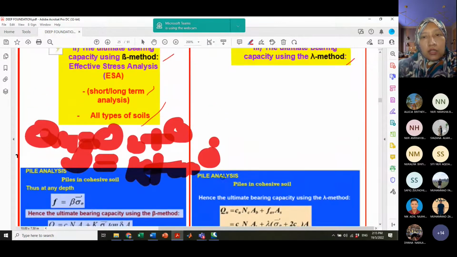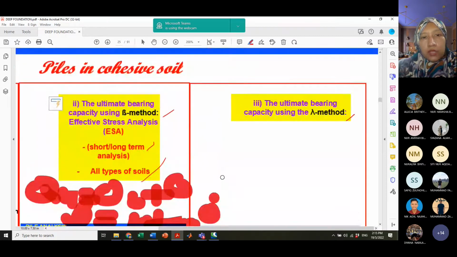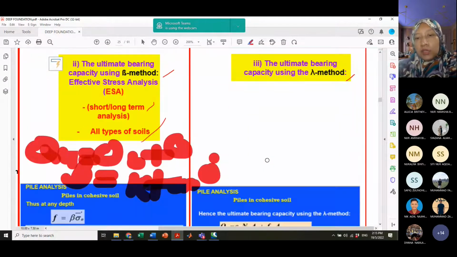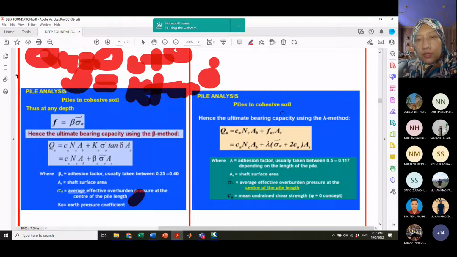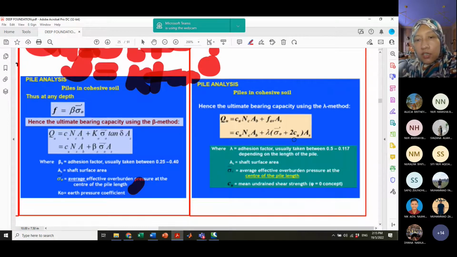And the last method that is suitable for piles in cohesive soil in order to estimate the bearing capacity of the pile is by using the lambda method. So the lambda method, if you see from here, is the QS sama dengan lambda times average overburden pressure plus 2CU times dengan AS.